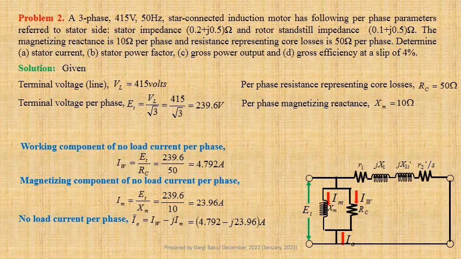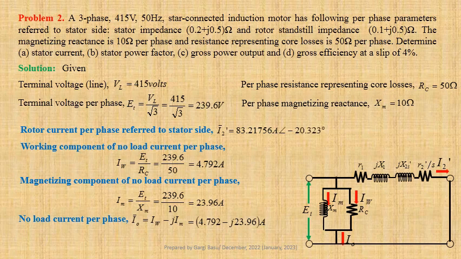We have determined rotor current per phase referred to stator side I2' equals 83.21756 ampere at an angle minus 20.323 degree. This may be written in Cartesian form as 78.037 minus j times 28.9 ampere.